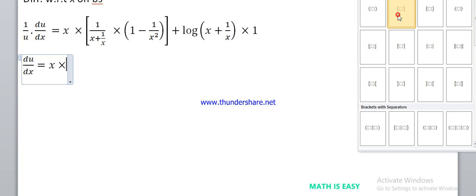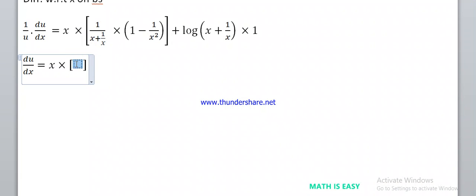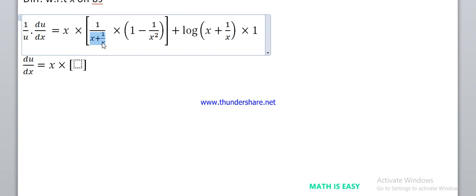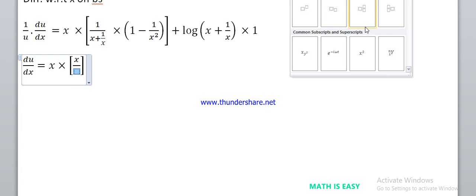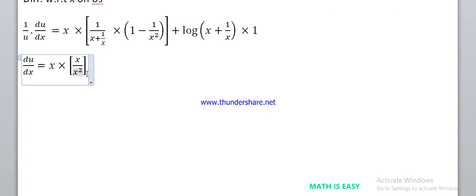then bracket I keep. Now within the bracket I am going to simplify. Take the LCM here. If I take the LCM in the denominator, x is the LCM, you will get x square plus 1, and this denominator x will go to the numerator. So finally I am going to get x upon x square plus 1. You can do it on the rough page.